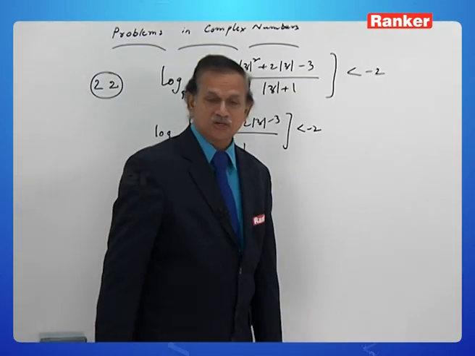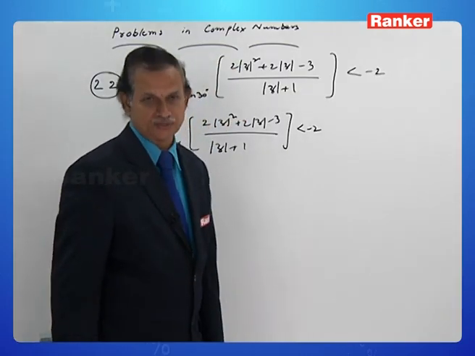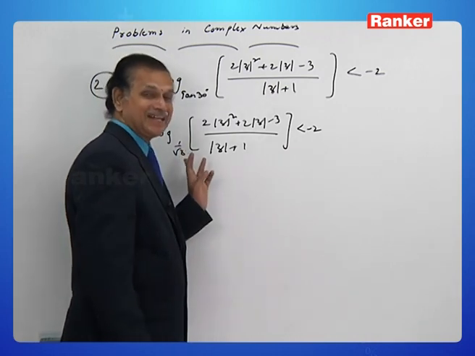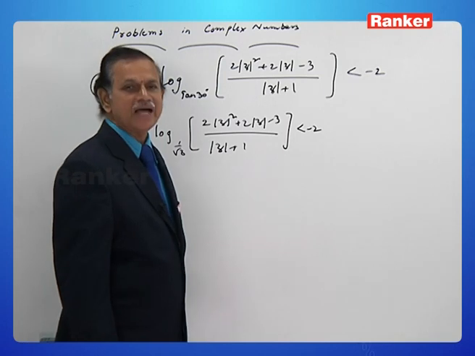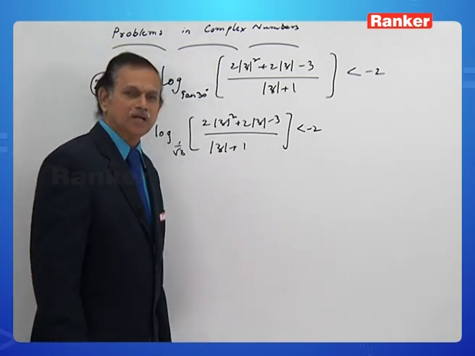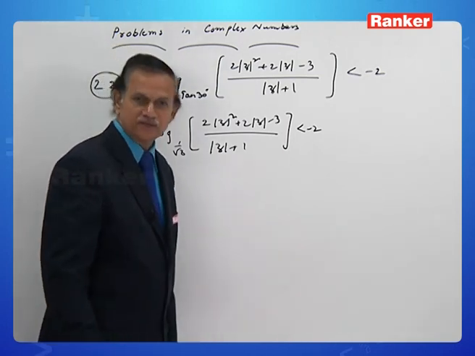Well, my dear, let us recall the properties of logarithmic function. As and when the base is greater than 1, logarithmic function is an increasing function. Whereas when the base lies between 0 and 1, the logarithmic function is a decreasing function.